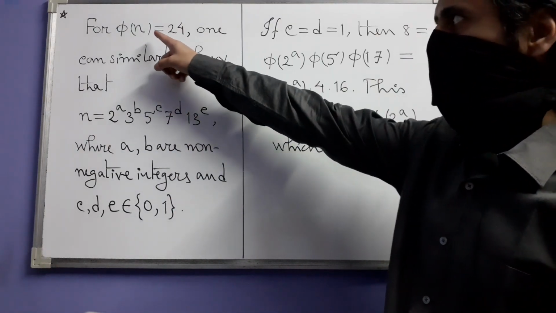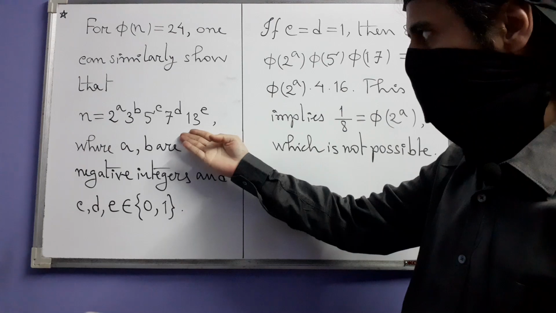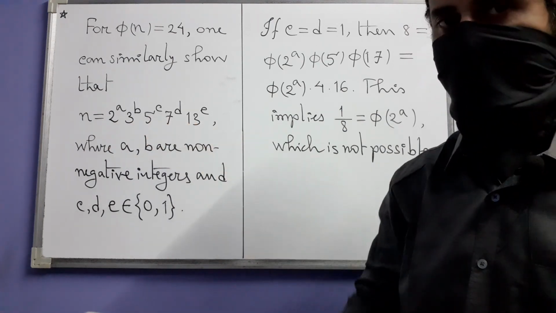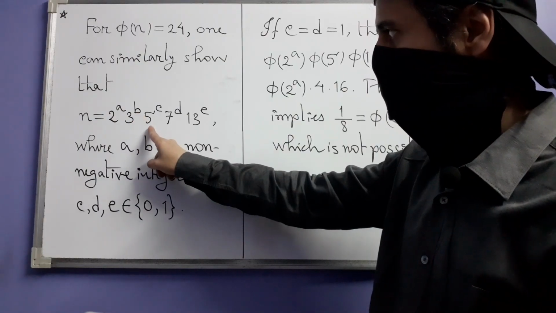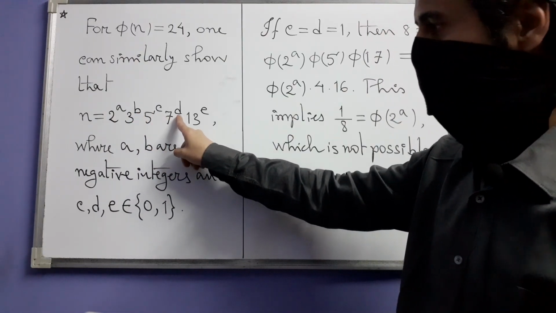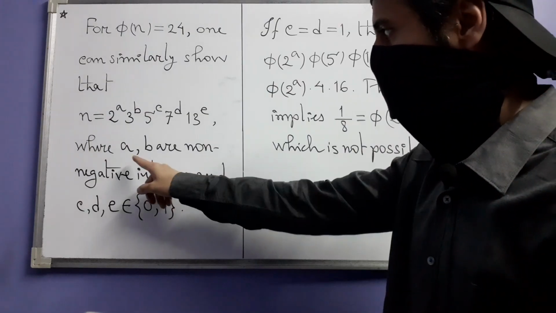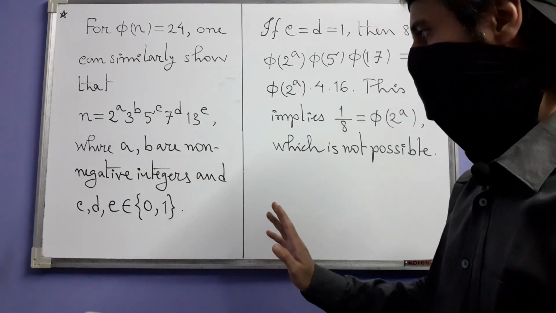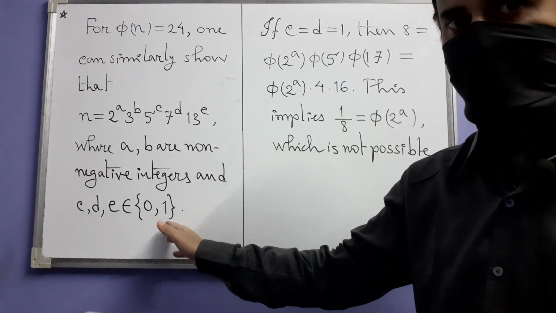For the second equation, phi of n equal to 24, one can similarly show this. This is how the general n would look: 2 to the power a times 3 to the power b times 5 to the power c times 7 to the power d times 13 to the power e, where now a and b are some non-negative integers and c, d and e need to be from this set.